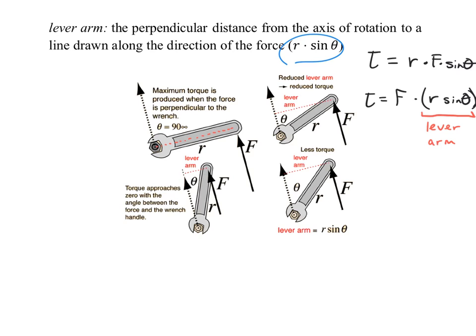By the way, this should be a degrees symbol. I just copied it over wrong; I don't know why it's an infinity. Maybe it was a PDF originally. It should be degrees right there. So the length of the dotted red line gets shorter to here, then even shorter here, and finally it's the shortest right here.